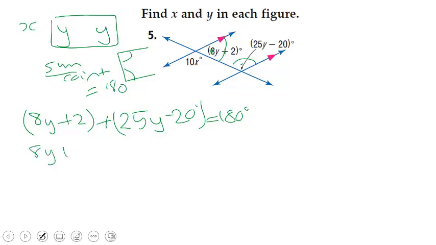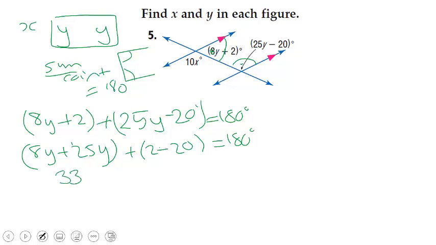So I'm saying 8y plus 25y plus 2 minus 20 equals 180 degrees. 8y plus 25y, 8 and 5 is 13, 3 carry 1, 33y plus 2 minus 20, or minus 20 plus 2, is going to be minus 18. Okay, is equal to 180 degrees.